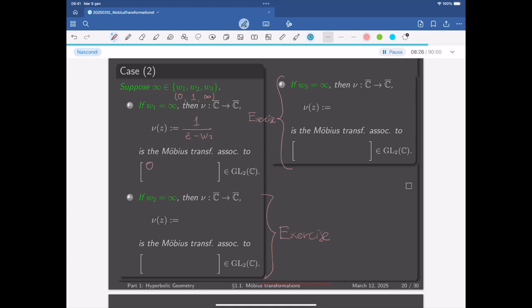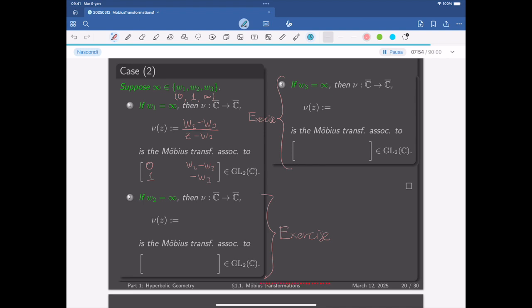This one sends W2 to 1 divided by W2 minus W3. But I want it to send it to 1, so I just divide by that, W2 minus W3. And this one does the job, which is presented as W2 minus W3 here, 1 and minus W3 here.